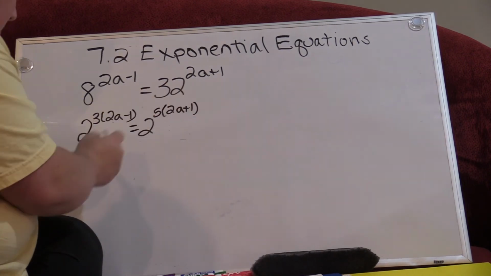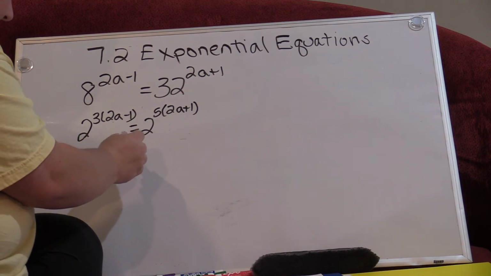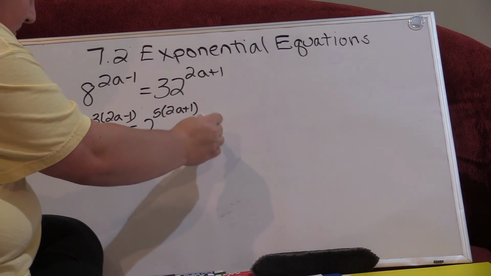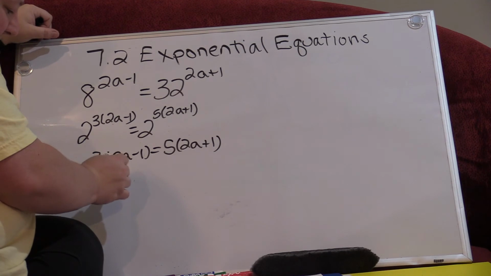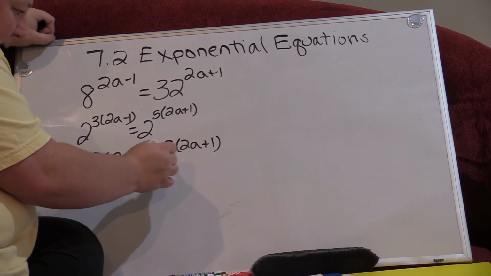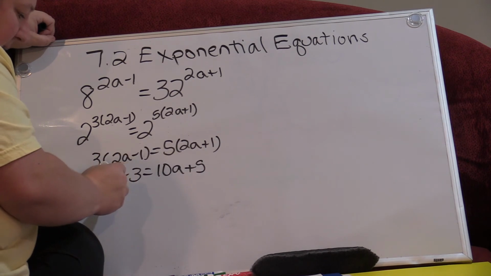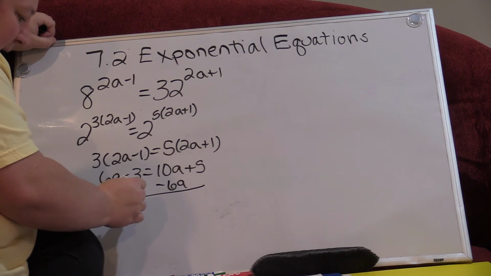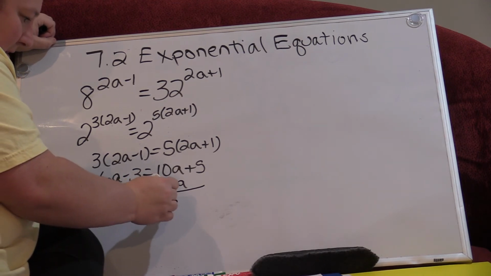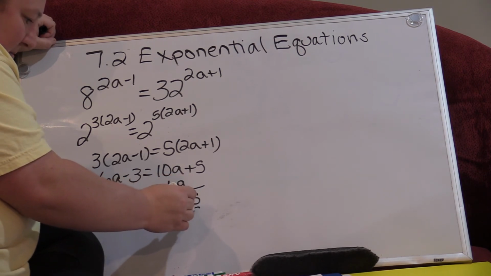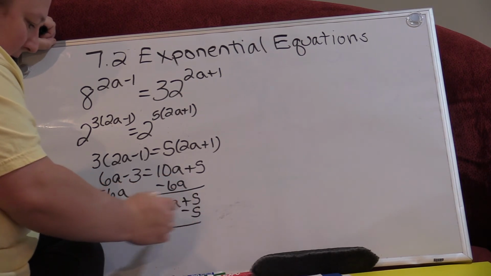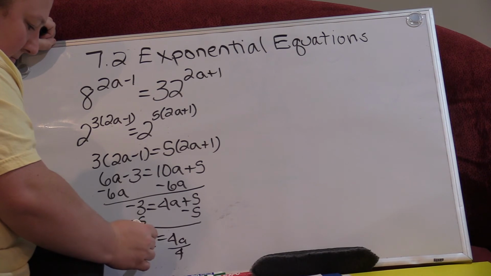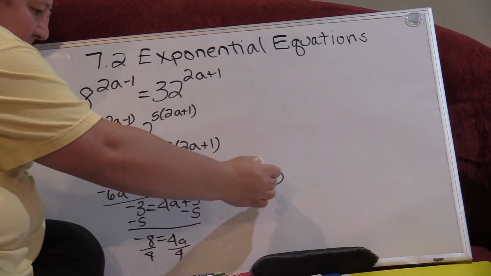So I'm going to rewrite my equation. 6a minus 3 equals 10a plus 5. Subtract 6a from both sides. So I get negative 3 equals 4a plus 5. Subtract 5 from both sides. Negative 8 equals 4a. Divide by 4. A equals negative 2.